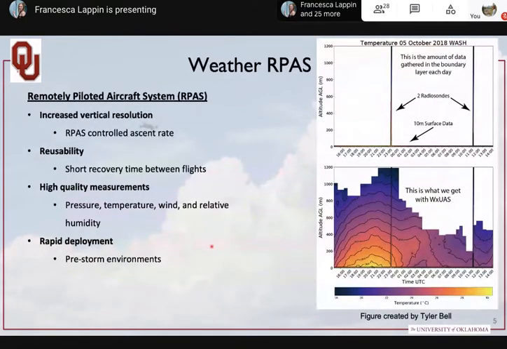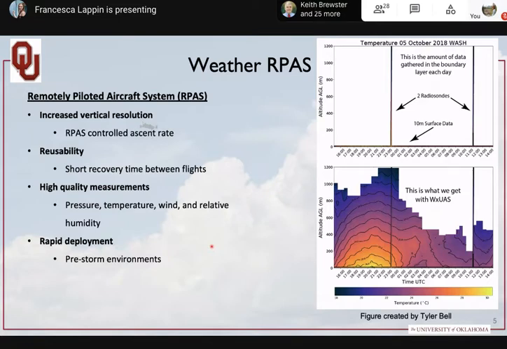So we come to remotely piloted aircraft system, or RPAS, that are designed to sample the atmosphere. And we get a few key boons out of using RPAS. We get increased vertical resolution because we can control the ascent rate as we see fit. They're reusable.